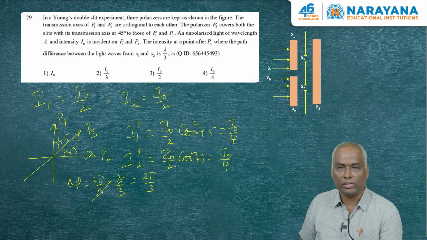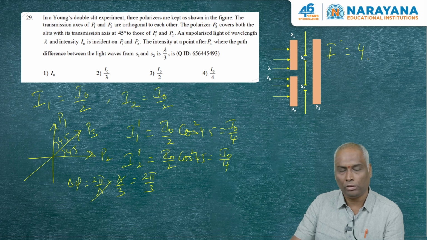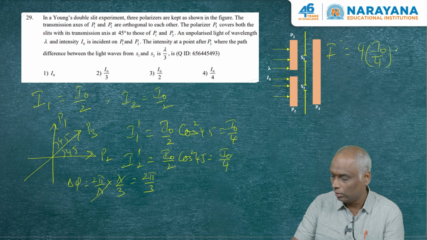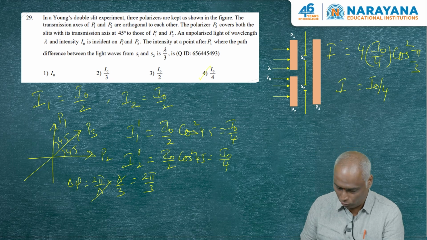So the resultant intensity will be I equals 4 times the intensity of light coming out from P3 due to P1 and P2, which are equal, that is I0 divided by 4, into cos square of delta phi divided by 2, that is pi by 3. So cos pi by 3 is 1 by 2, and the 4s get cancelled. The resultant intensity will be I naught divided by 4. So it's going to be option 4.